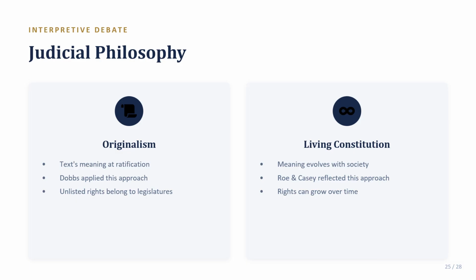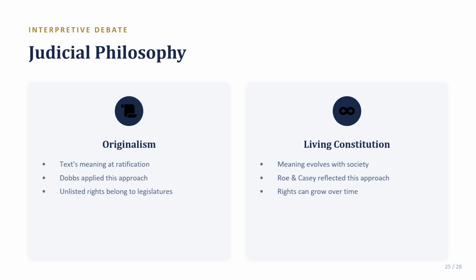All right, so now let's talk finally about these two competing interpretive philosophies, because they explain why the Court's approach to unenumerated rights shifted so dramatically across the cases we talked about today. I want to present both fairly and rigorously, because both represent serious, long-established traditions of constitutional interpretation held by thoughtful jurists and scholars across the political spectrum.